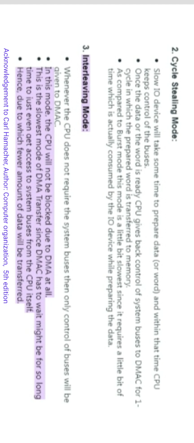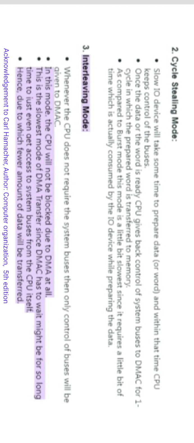Then the third mode is interleaving mode. Here the processor is executing some program and using the system bus, but whenever it is not using the system bus, only then does it give control over the system bus to the DMA controller for the data transfer, not at the request of the DMA controller.